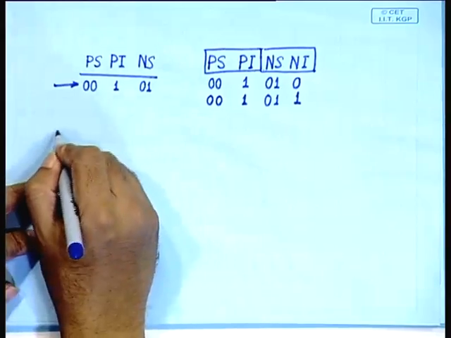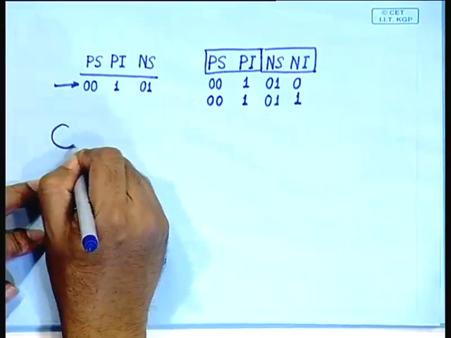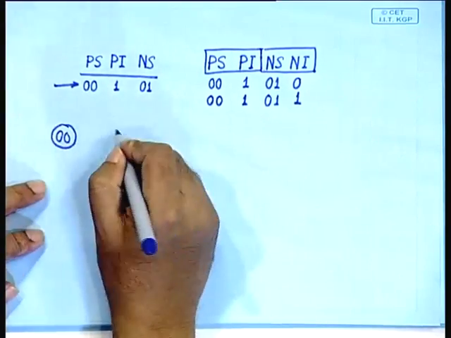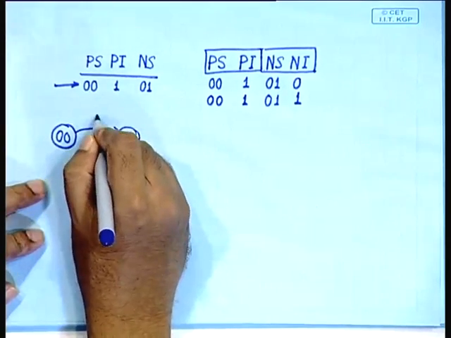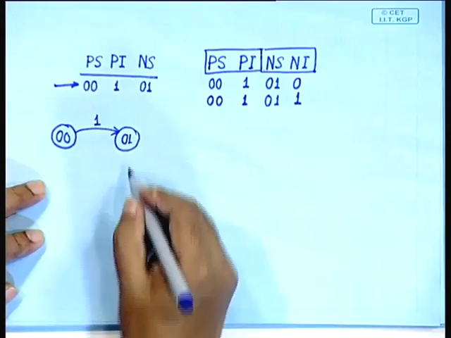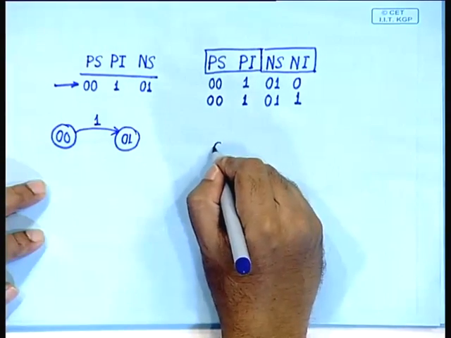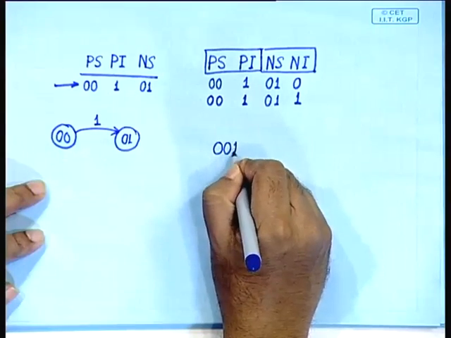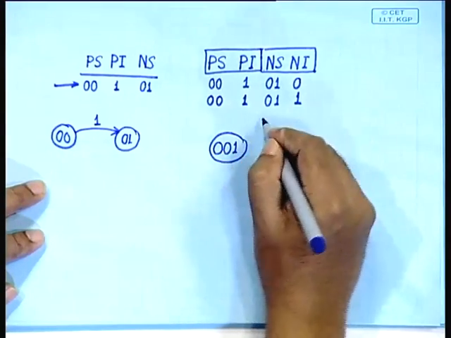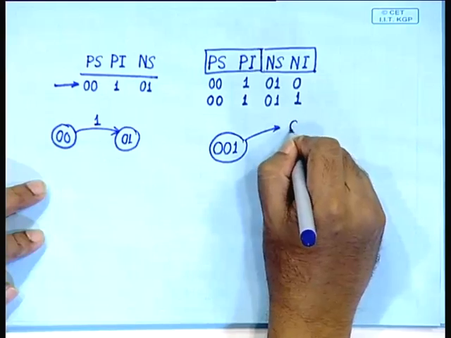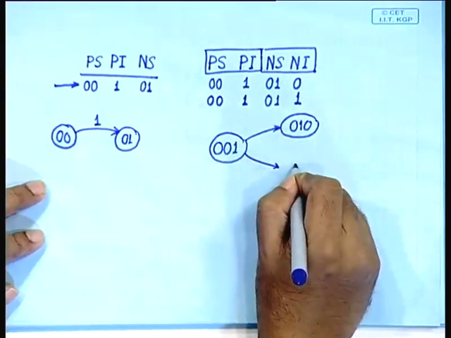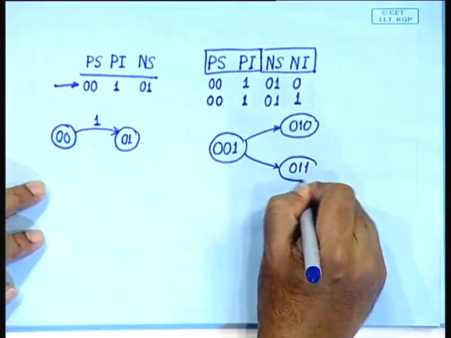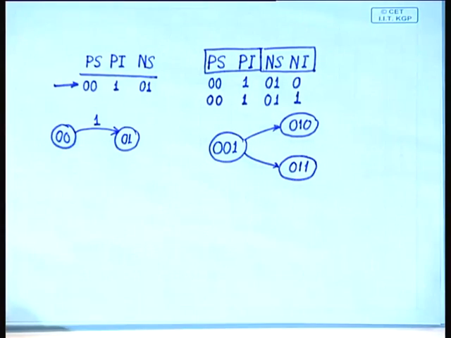So, here this was a transition from 0 0 to 0 1 on the input 1, right. What we have transformed that into is a transition from 0 0 1 to 0 1 0 and 0 1 1. That is what we have done.